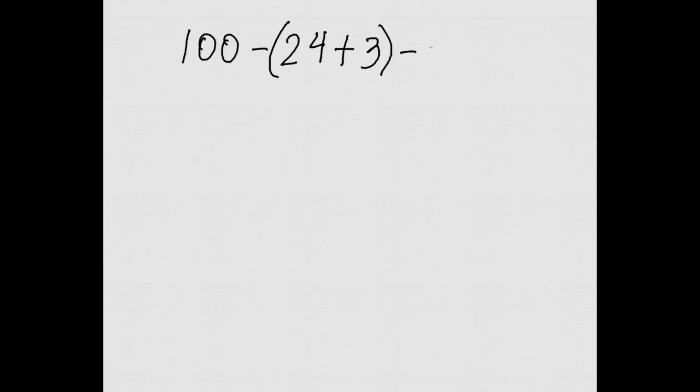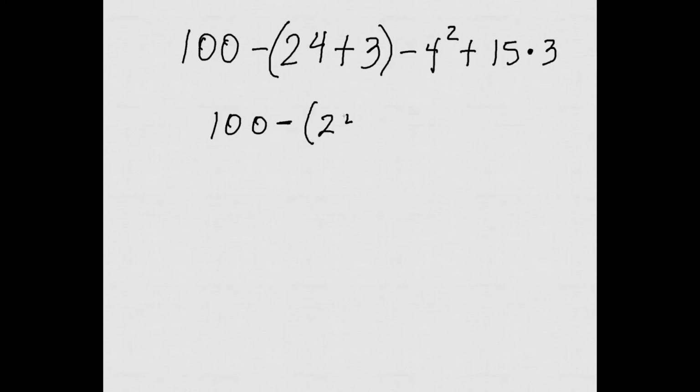Let's see another example. 100 minus 24 plus 3 in parentheses, minus 4 squared plus 15 times 3. The first step we must do is always parentheses. So we have 100 minus the parentheses 24 plus 3. 24 plus 3 is positive 27.